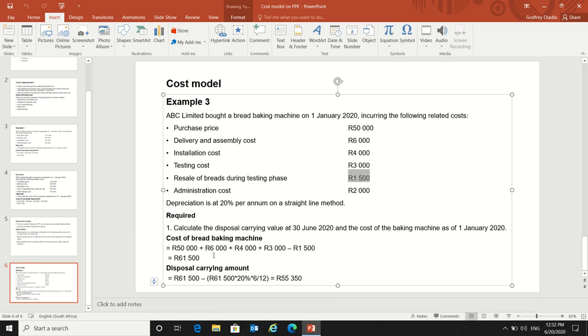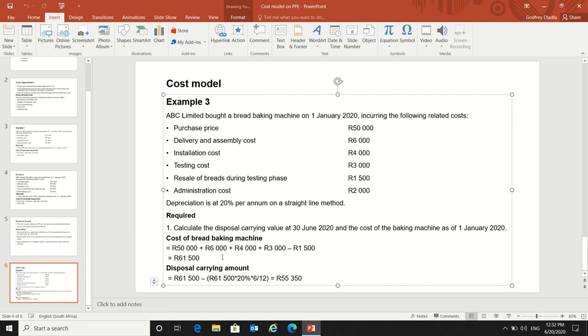Now let's look at the cost of this baking machine. It's 50,000, which is the purchase price. 6,000 delivery and assembly cost. 4,000 installation cost. 3,000 testing minus the 1.5 that you've recovered against the 3,000. It gives you an asset of 61,500. Right.